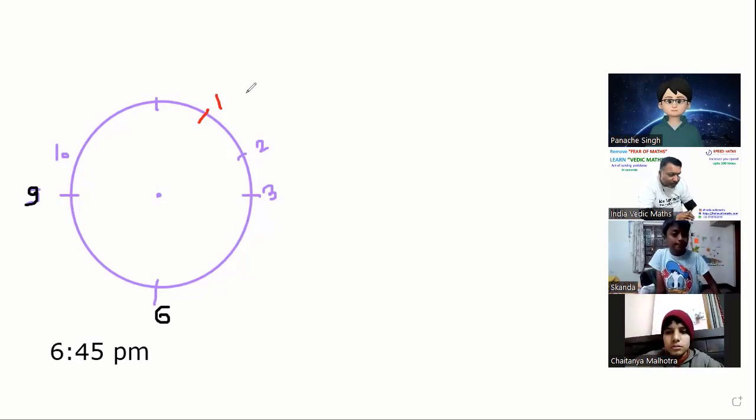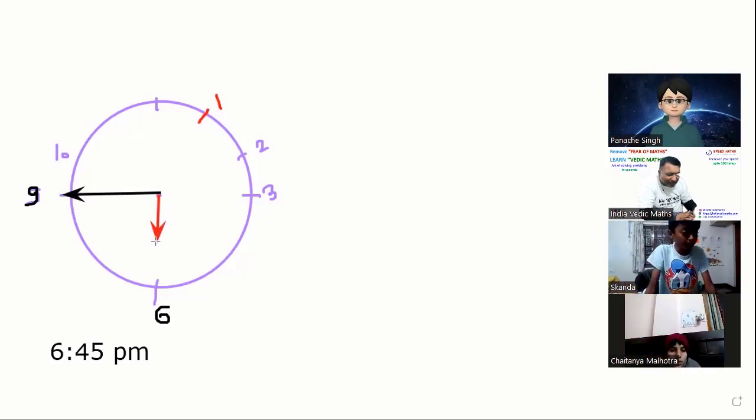Ira joining back. 6:45. The minute hand will be here or not? Skanda, the minute hand will be here. Tell Skanda everyone, where will be our hour hand? Will it be at 6 or not? Not exactly at 6, sir, but somewhere a bit further, just before 7, right?